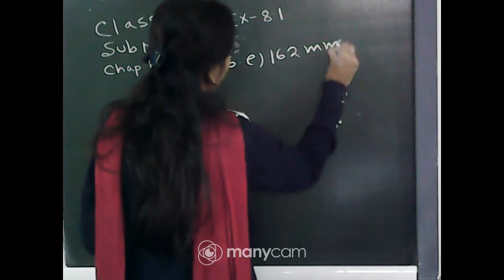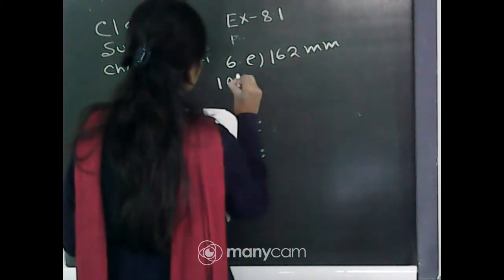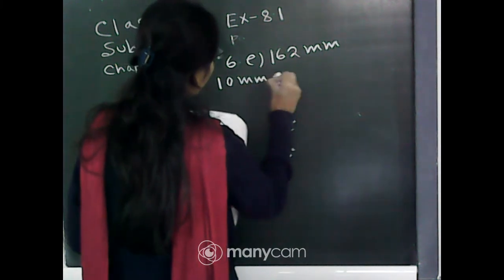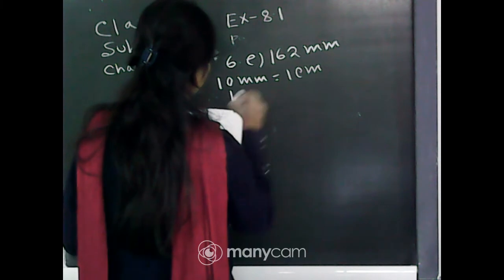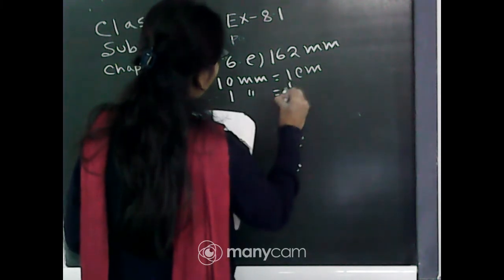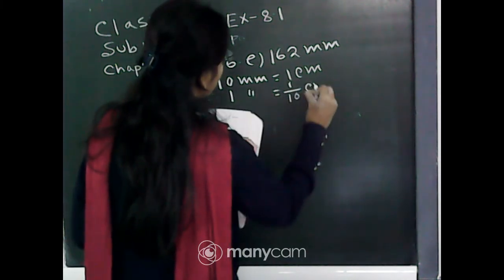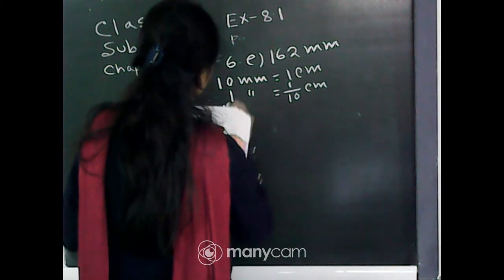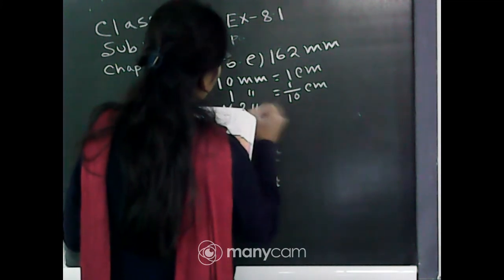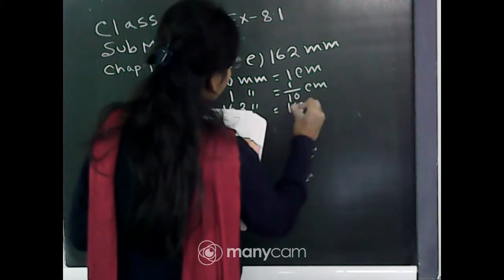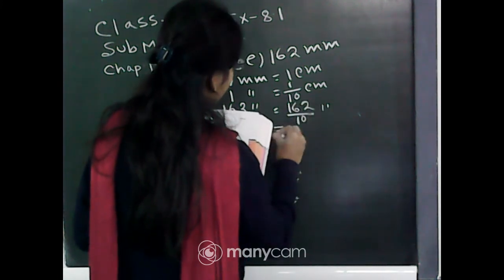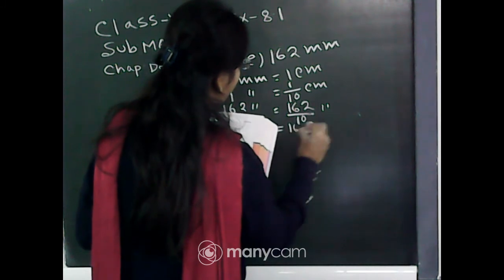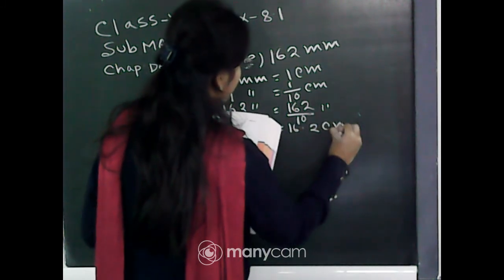We all know that 10 mm is equal to 1 cm. Therefore, 1 millimeter is equal to 1 divided by 10 cm. Therefore, 162 mm is equal to 162 divided by 10 cm, and this is equal to 16.2 cm. Clear?